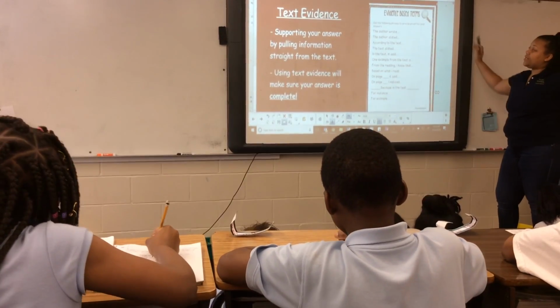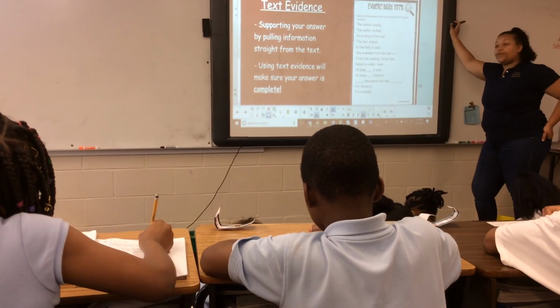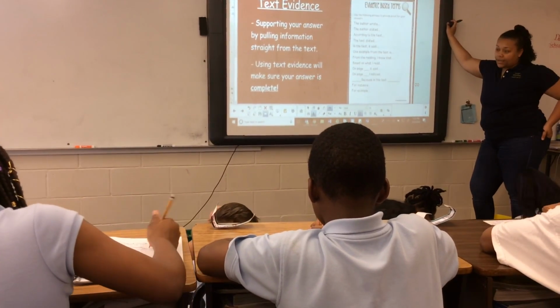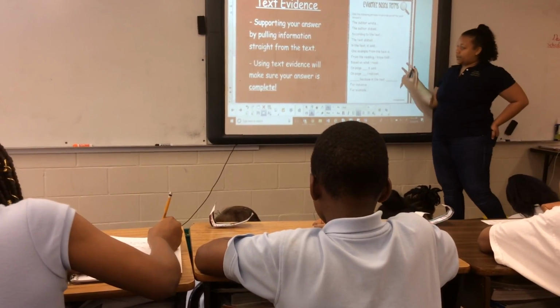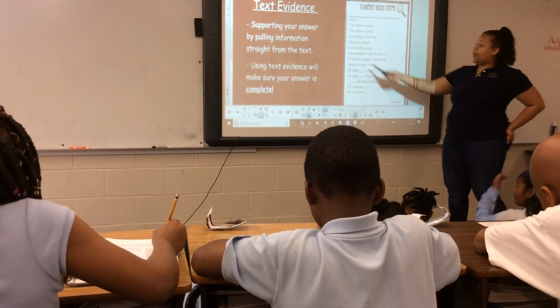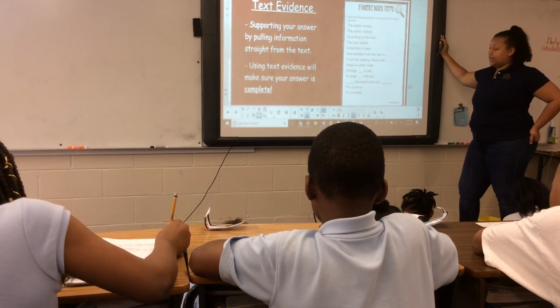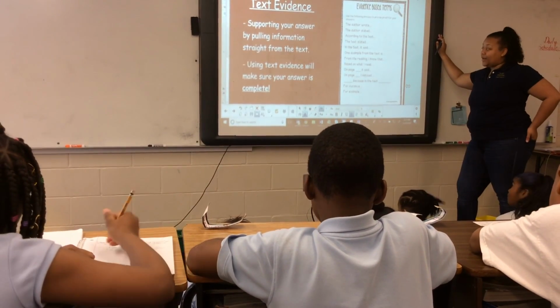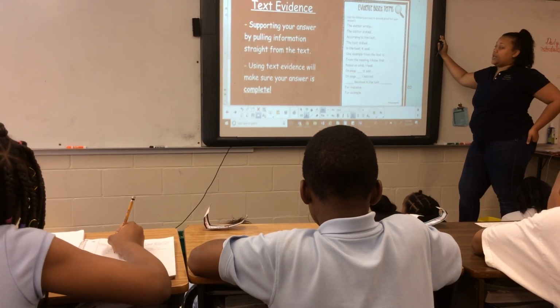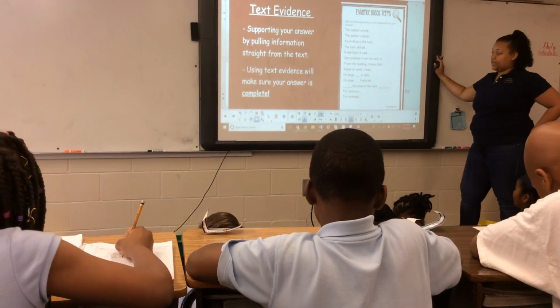So some of the text evidence sentence starters that we can use are: the author wrote, or the author stated. According to the text, you could say the text stated, or you could say in the text it said. One example from the text is, from the reading I know that, and then you would complete the sentence. Based off of what I've read, then you would complete the sentence.